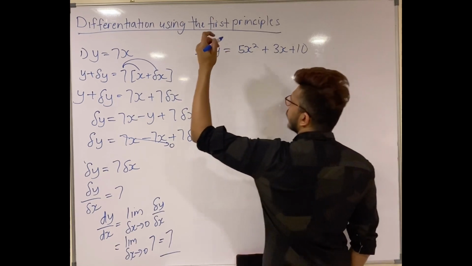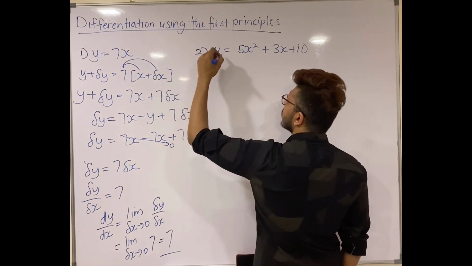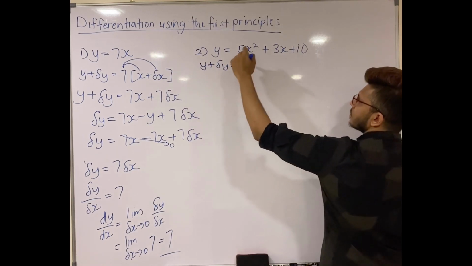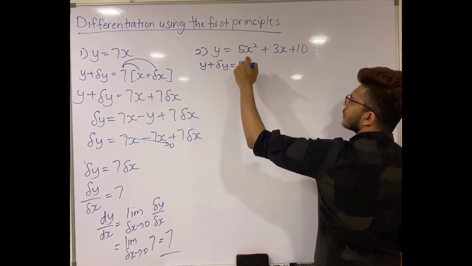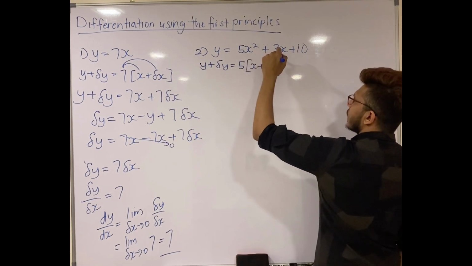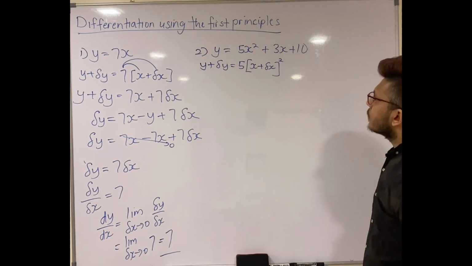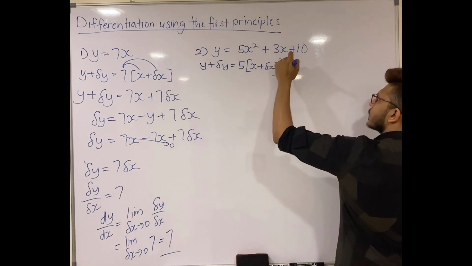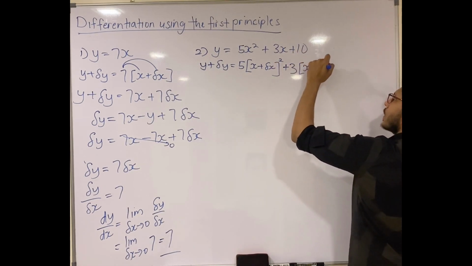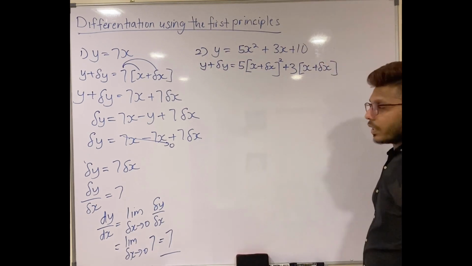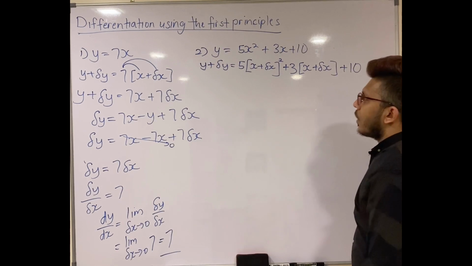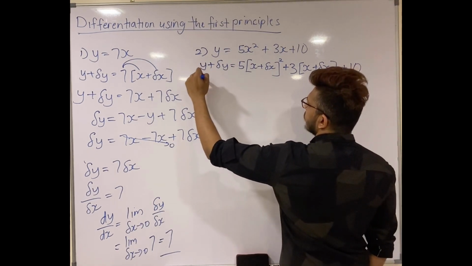First, y, you're going to substitute with y plus delta y. x squared, you're going to substitute with x plus delta x, the entire thing squared, okay? Then plus 3 bracket x plus delta x, and finally plus 10.